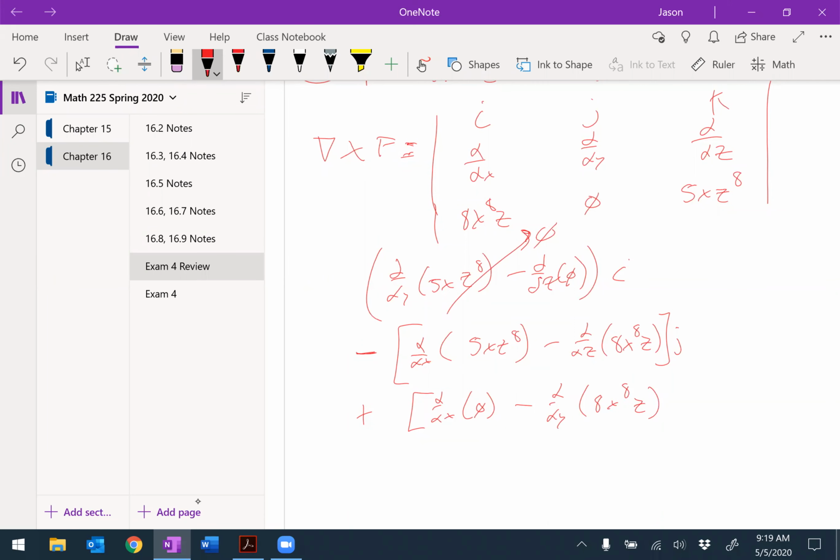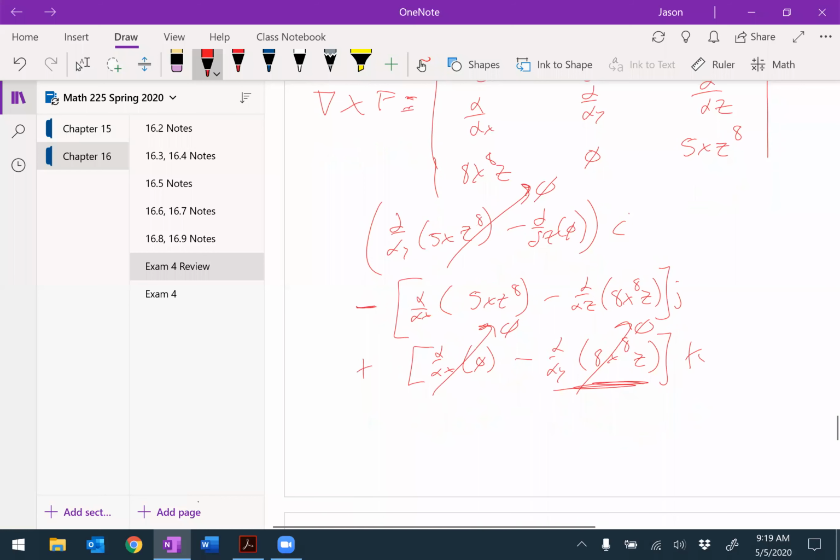Okay, so k, again this goes to 0 and this also goes to 0, so we're really just left with that middle term j, because there's nothing in terms of y here, so when we take the derivative, it just goes to 0.